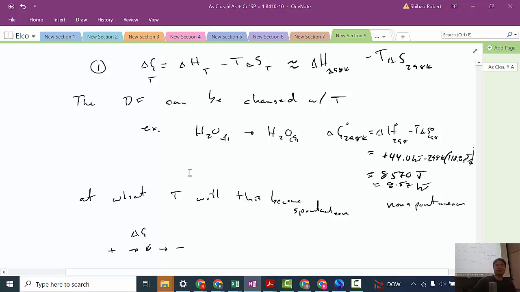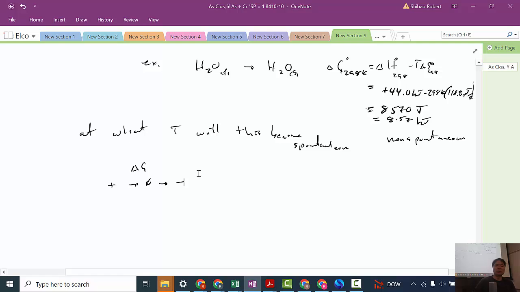So I'm going to try to calculate at what temperature delta G becomes 0, because that's the transition between non-spontaneous and spontaneous. And so we've got to go through 0. So 0 is at the borderline. So I'm going to set my delta G equal to 0.